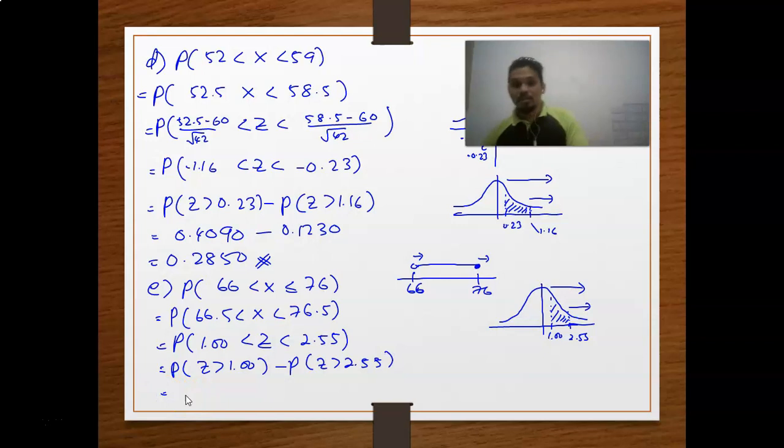For 1.00, 1.0 plus 0.00 gives you 0.1587. Minus 2.5 plus 0.05, it is 0.00539.